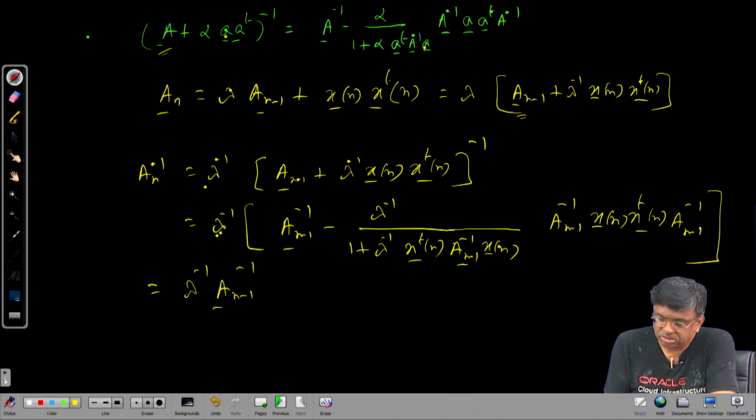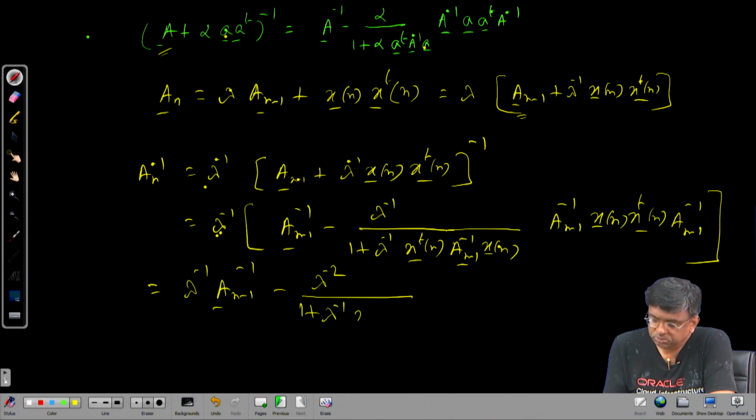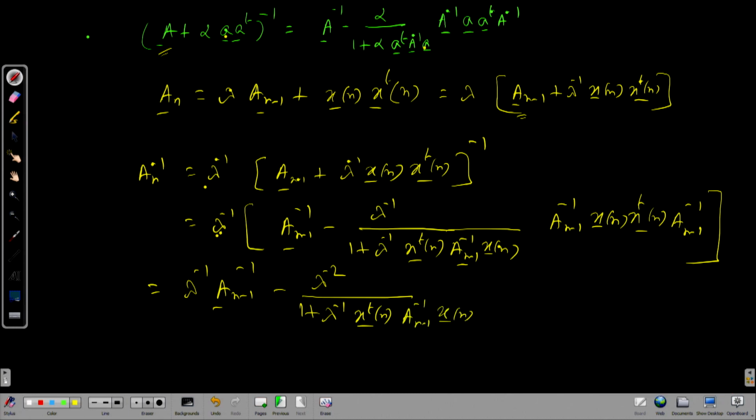It becomes lambda inverse, lambda to the power minus 2. Let me take this to be this.